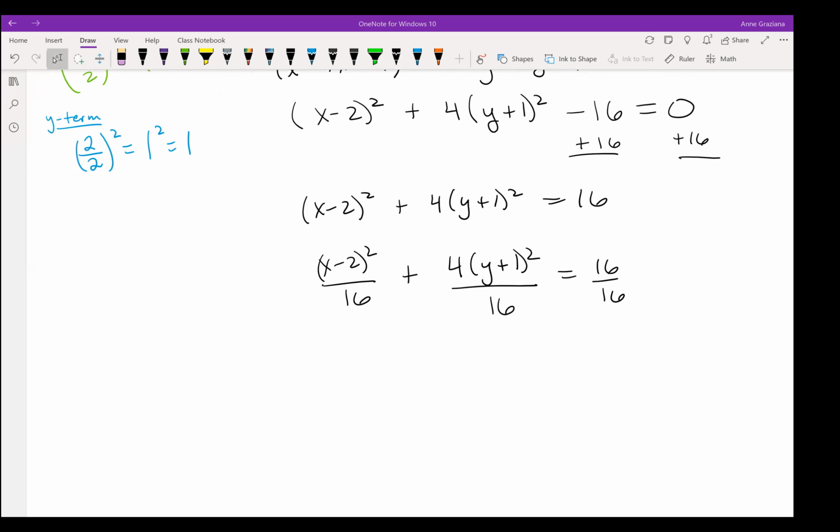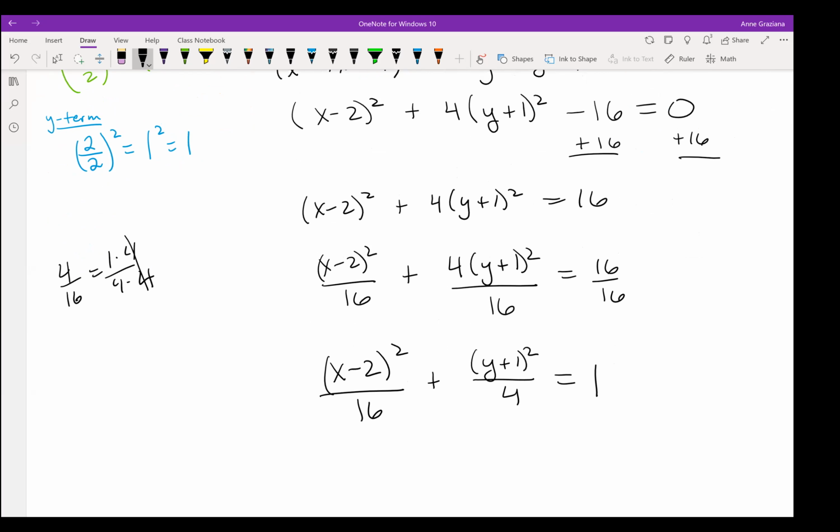And so here's our final form. x minus 2 squared over 16 plus 4/16 is 1/4. So this is y plus 1 squared over 4 equal to 1. So this is an ellipse, because the denominators are not the same.